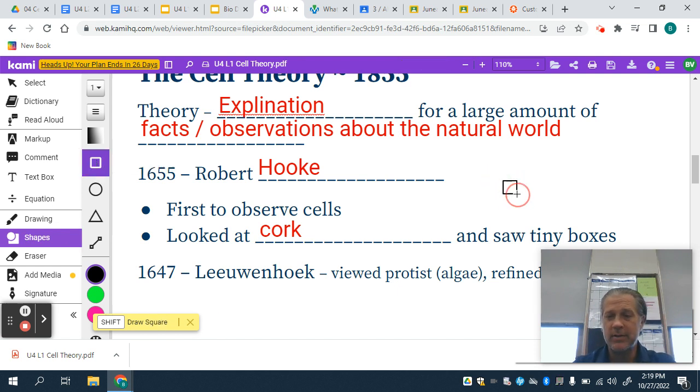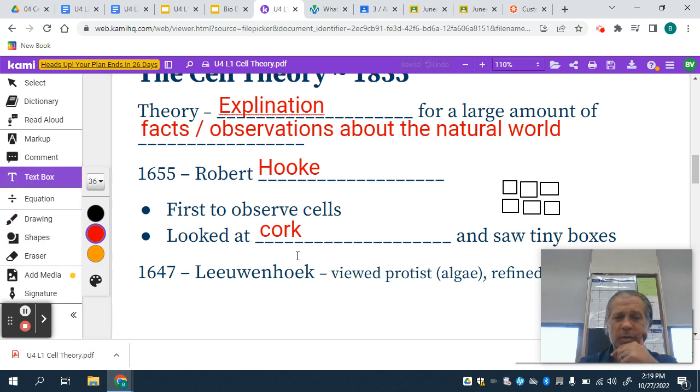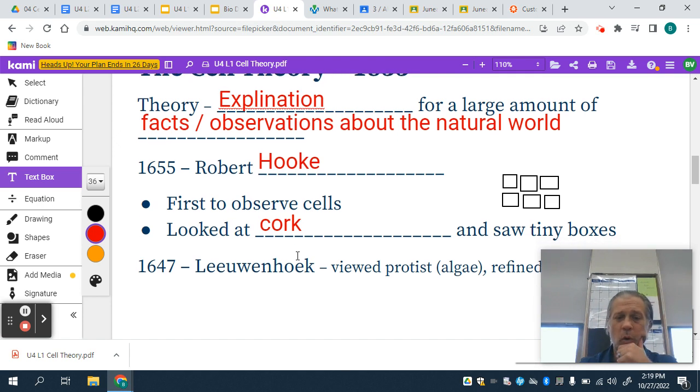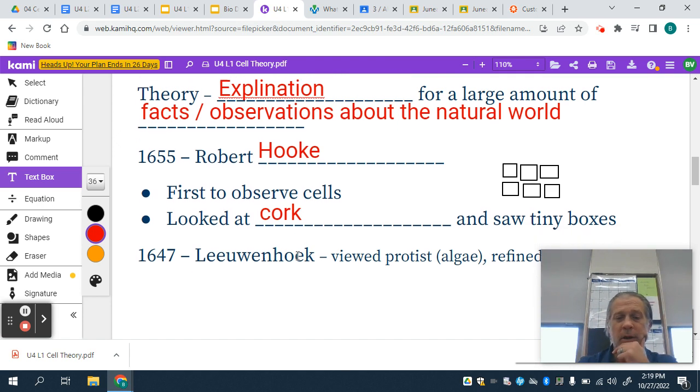They were really right next to each other. They were mostly the same size, but they reminded him of the rooms that monks lived in monasteries. And those rooms were referred to as cells back in that point in time. So he named the little boxes that he saw in the cork cells.